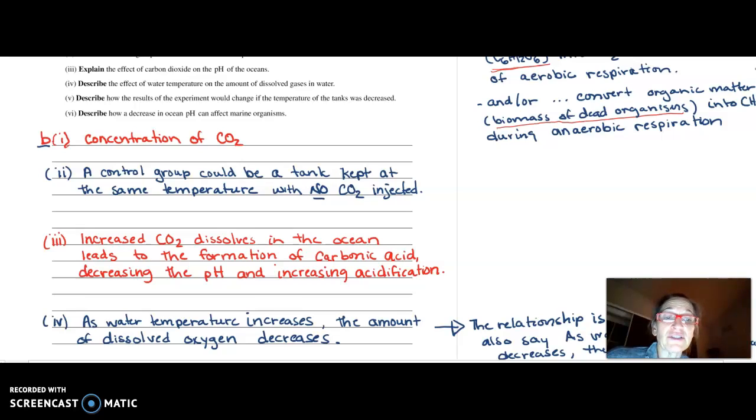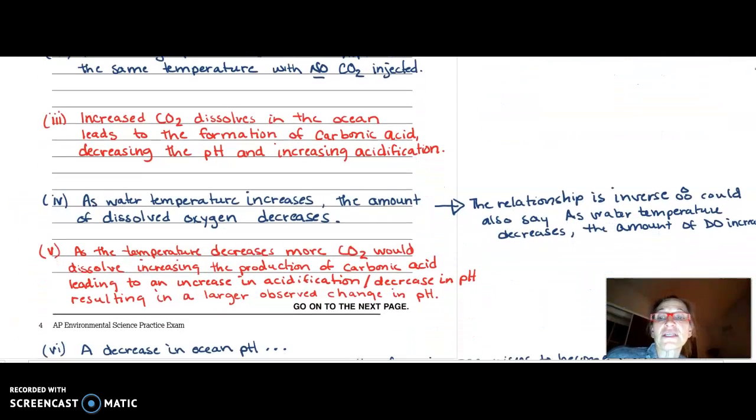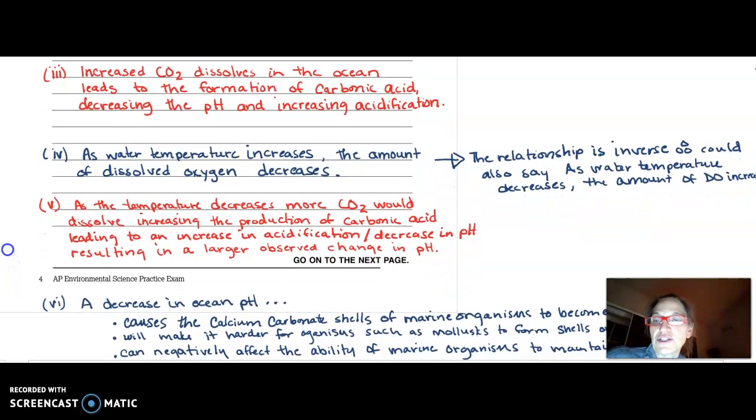So how's the change in pH going to be different if the temperature was decreased? Well, you're going to get more dissolved gas, in this case carbon dioxide, which would result in more carbonic acid, which would decrease the pH of the water, increase acidity, and you would see a larger change in pH.